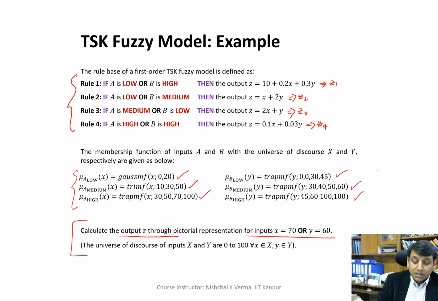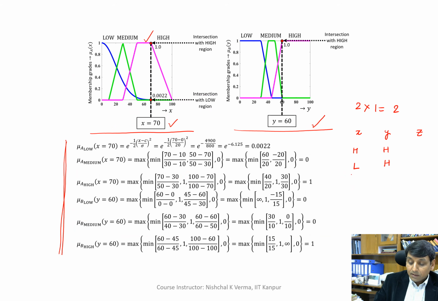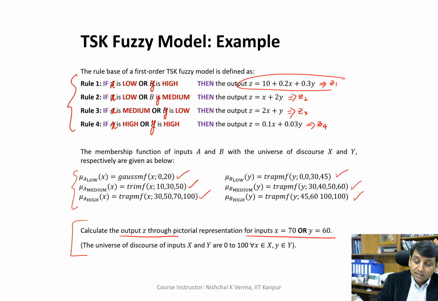We have four rules. So when x is low or y is high, this combination matches the first rule, so the output applicable is Z1.